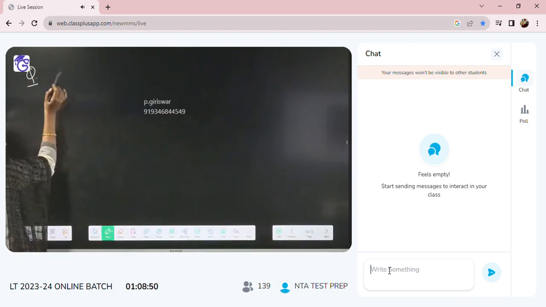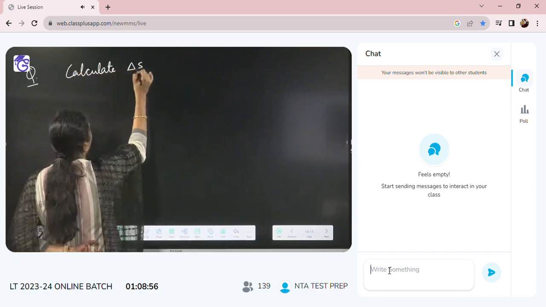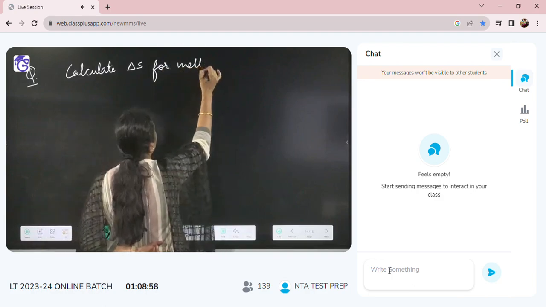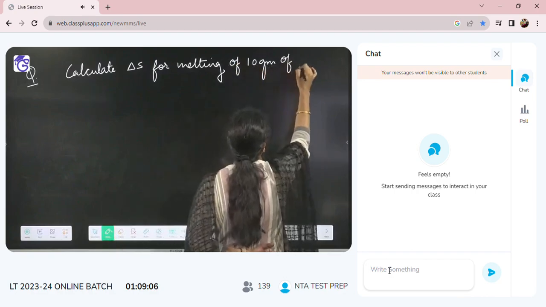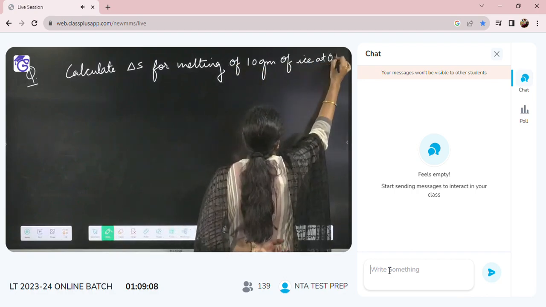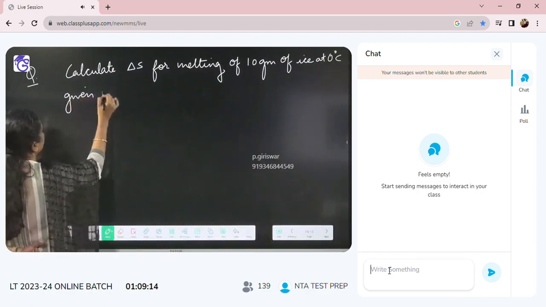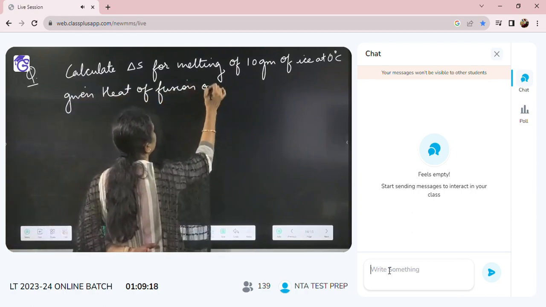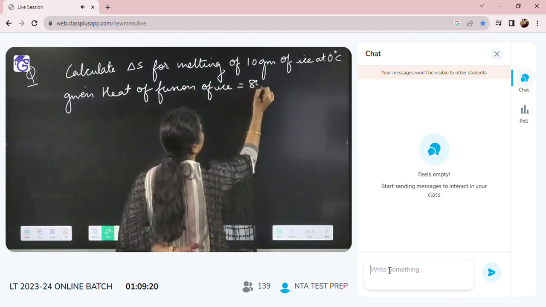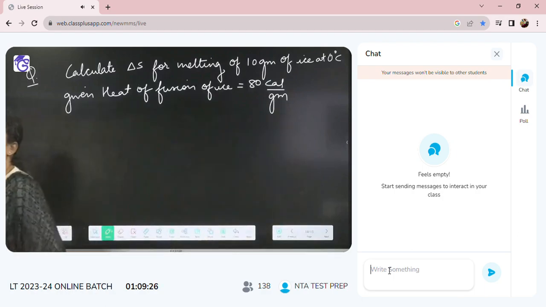Let me give you one last question here. Calculate entropy change for melting of 10 gram of ice at 0 degrees Celsius, given heat of fusion of ice is 80 calorie per gram. Find it out. If you wish to give your answer in fraction, then also fine.